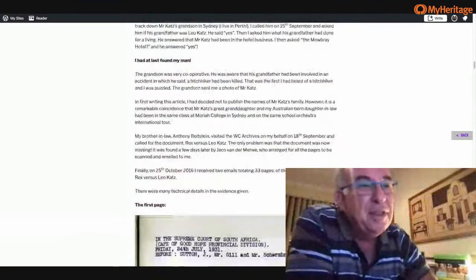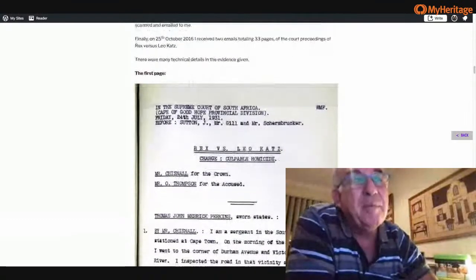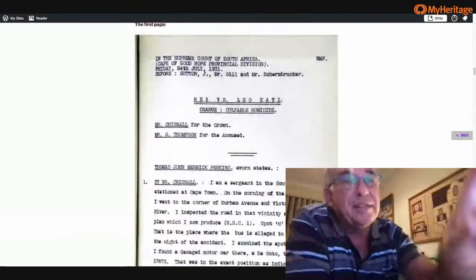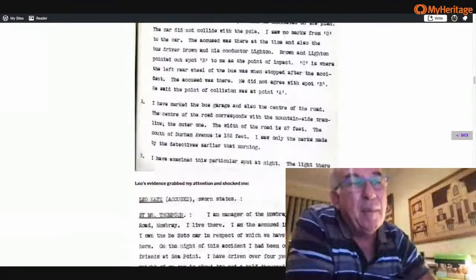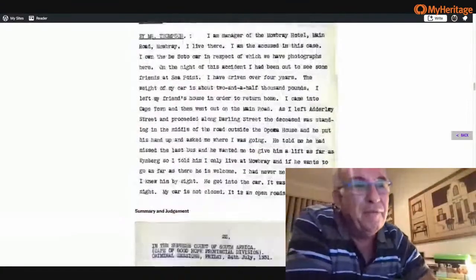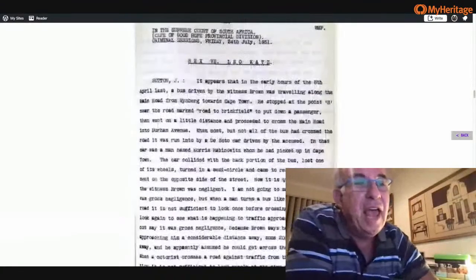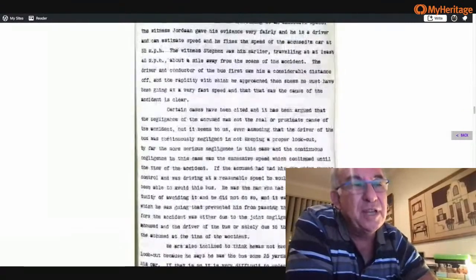And I'll show you the amazing thing from the archives of the Western Cape was that the court case, so these are the court documents, gives exactly what happened, and a bus was involved. Various people gave their evidence, and the sad thing is I'm scrolling through it, but you're welcome to read it. So we'll send you the link.